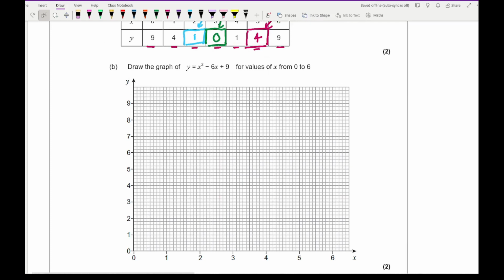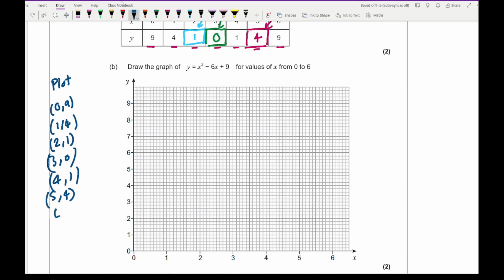So here what we've got to do is plot 0, 9; 1, 4; 2, 1; 3, 0; 4, 1; 5, 4; and 6, 9.